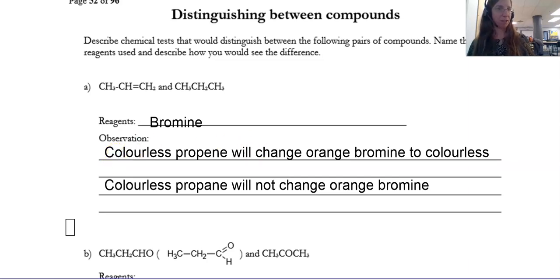Colorless propene will change orange bromine to colorless. Colorless propane will not change with orange bromine. So I've said the color before and any change, or if there's not a change. All organic molecules are colorless, so you might get away with not saying that. It might be understood, but it's easy to add that on.